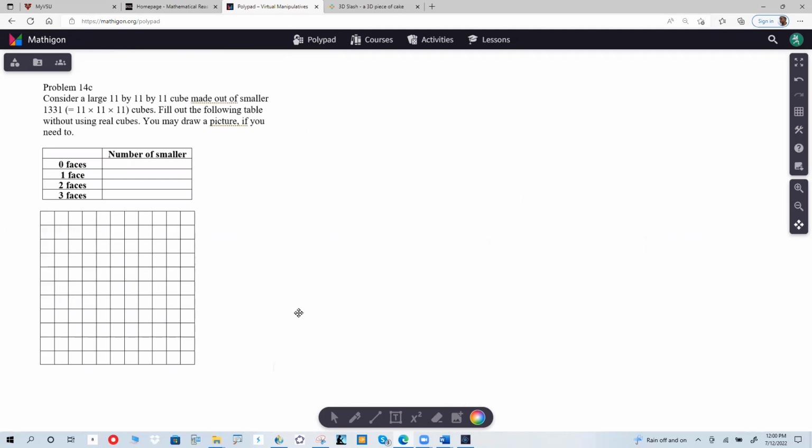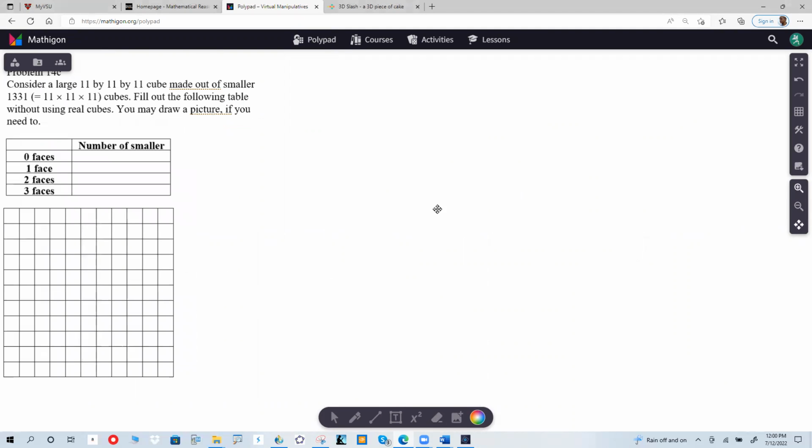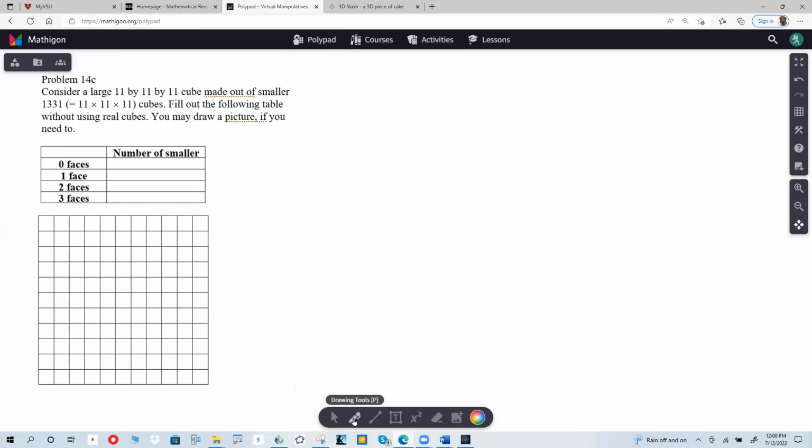All right, guys. One face showing cubes is going to be 9 by 9, which is 81. And I have to multiply it by 6 because there are 6 faces.